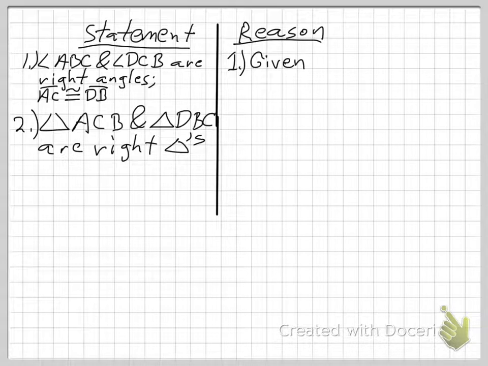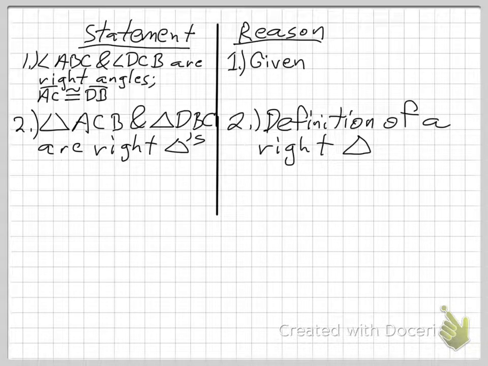As we went over in class, and we've discussed this in previous chapters as well, the reason for statement number 2 is definition of a right triangle. And so now, if we have two right triangles, we don't have to use SSS or SAS. We can just go straight through and use HL. I would rather use HL because that's only two things I need to look for and not three.